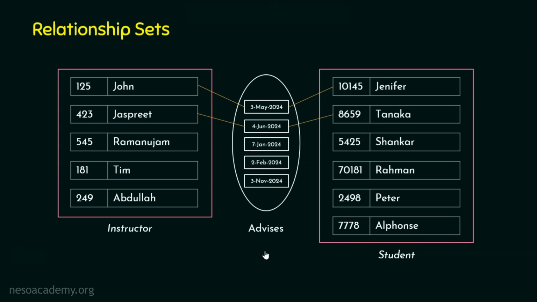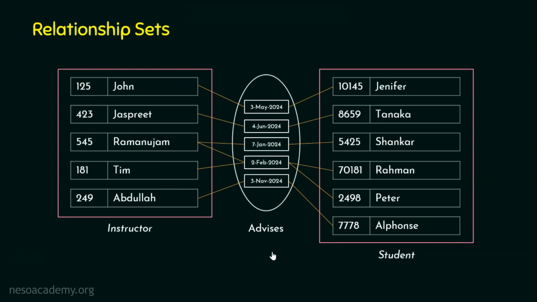So Ramanujam is associated with two dates for two different students. Can you see here? One is for Shankar, another one is for Peter. Then coming to the instructor Tim, Tim is associated with Rahman with the date 2 February 2024. And Abdullah is having an advises relationship with Alphonse with the date attribute 3 November 2024.